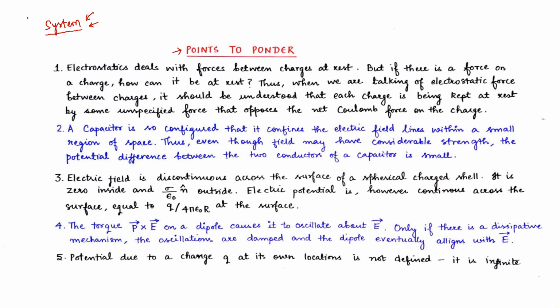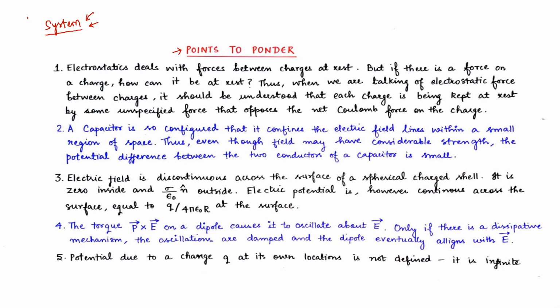Instead of taking the whole shape, we assume a small charge, a small work done, and we don't take a whole parallel plate as the full area, we take a small area, small volume. These assumptions help us make the problem easy to solve.